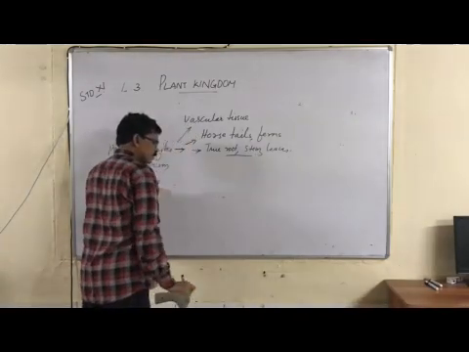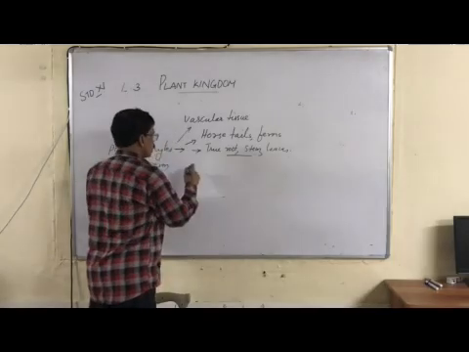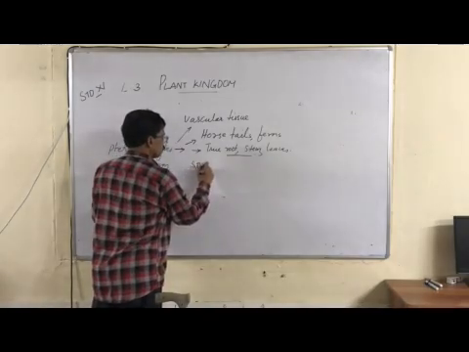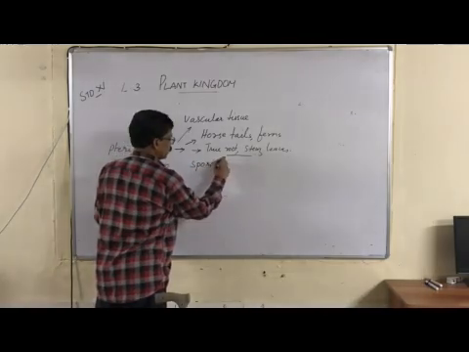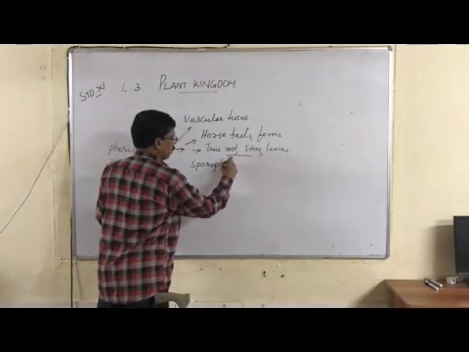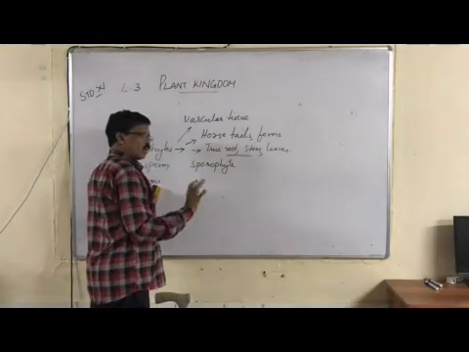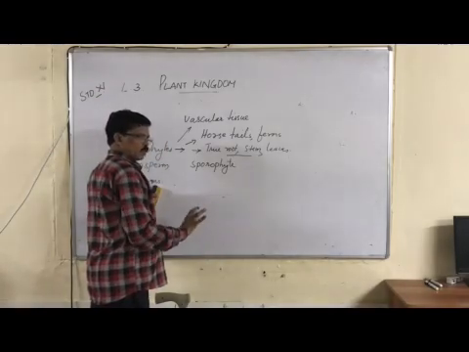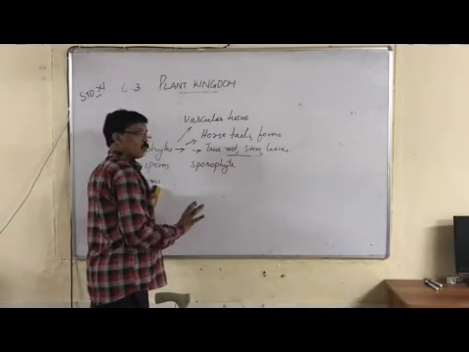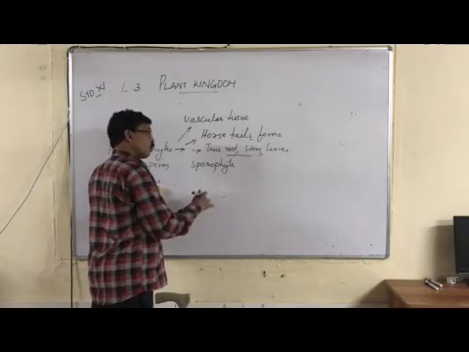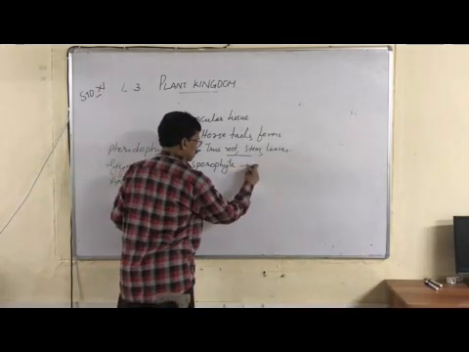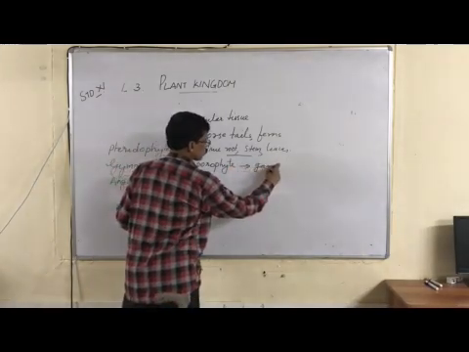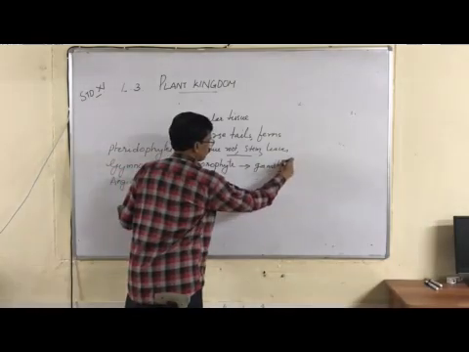Let us now come to the details of pteridophytes. In pteridophytes, the plant body is called a sporophyte. Up to bryophyte, the plant body was gametophyte. Now, for the first time, the pteridophytes have the sporophytic plant body. This sporophyte later produces gametophyte.